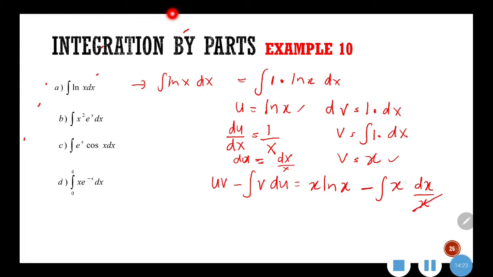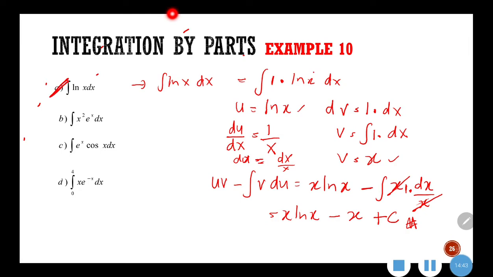Then you can cancel this one and this one. So you have the integration of 1 dx. So x ln x, integrating 1 with respect to dx, you get x, right? Then plus c. That's it. So that is the answer for A.